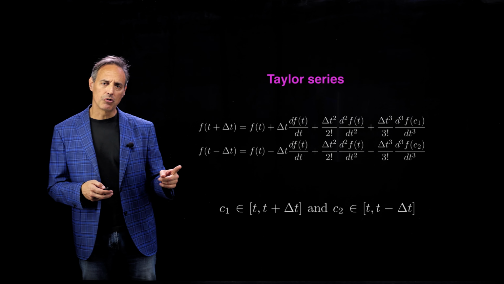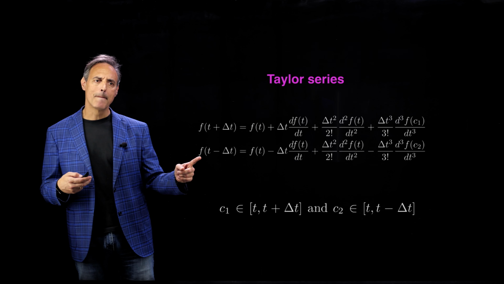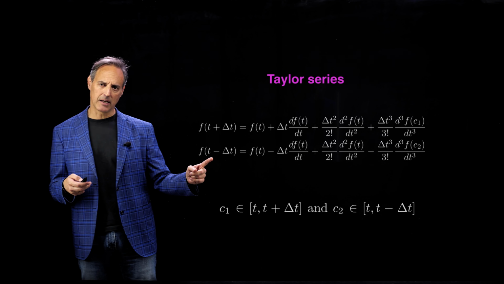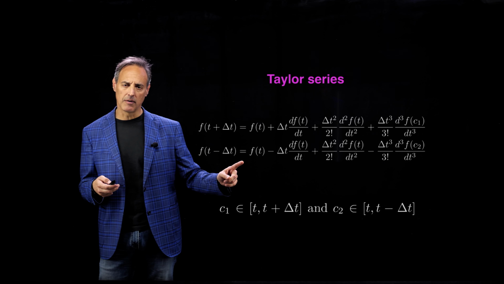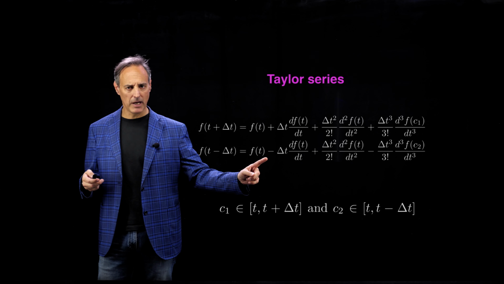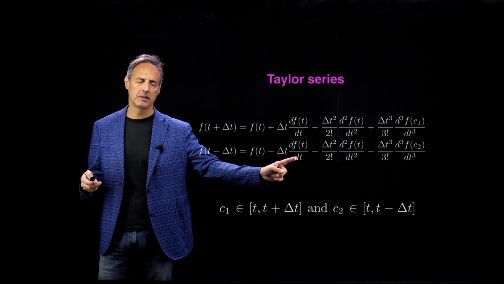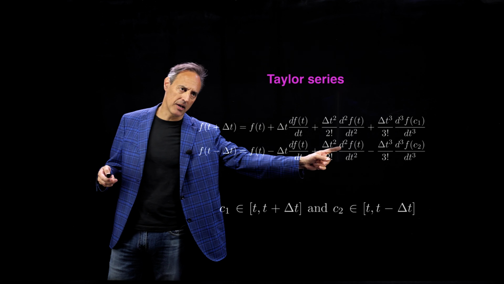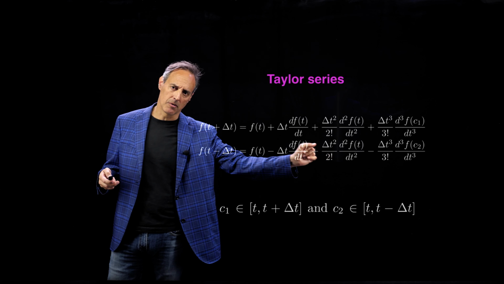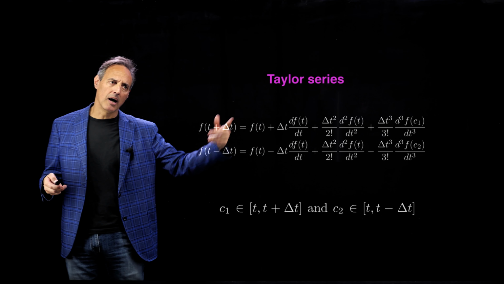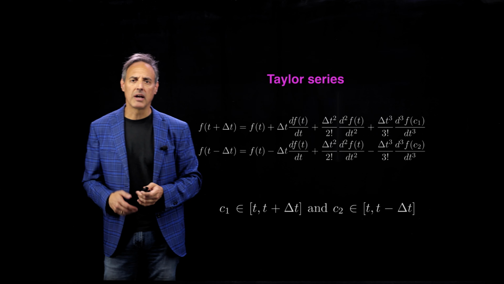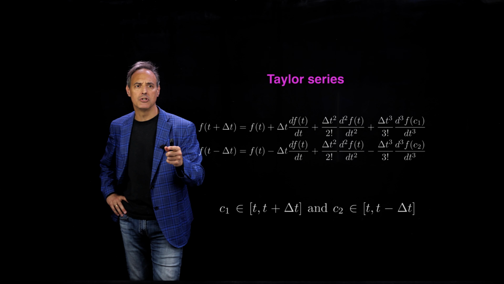By the way, I can also do this Taylor series expansion about f of t minus delta t, which is the second expression here. Again, it's given in terms of f of t, now minus delta t times the first derivative, plus delta t squared times the second derivative, and then a truncation, which is the minus delta t cubed term, plus a term where the thing I don't know is the C2.